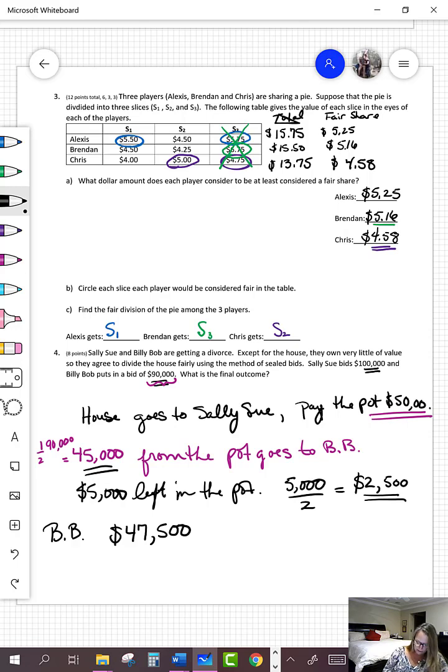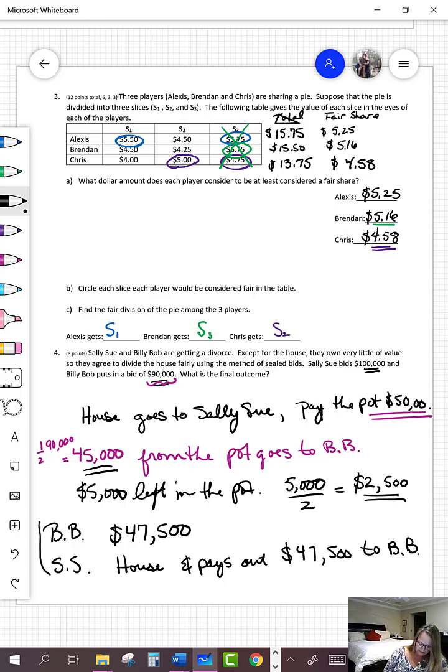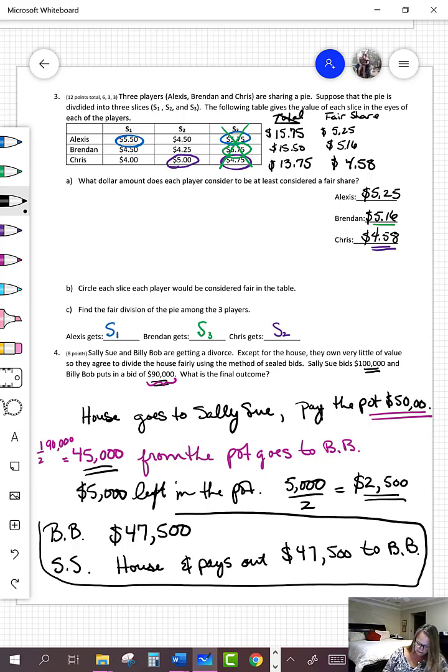Sally Sue, SS, gets the house, but she has to pay some money out, and she's actually just paying $47,500 to Billy Bob. And so this is what they both walk away with.